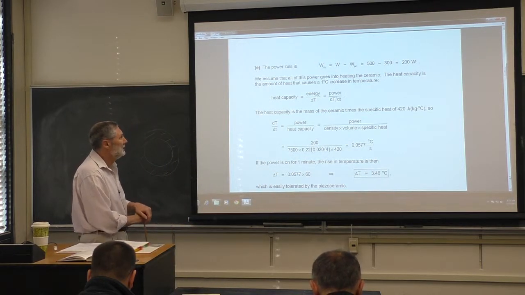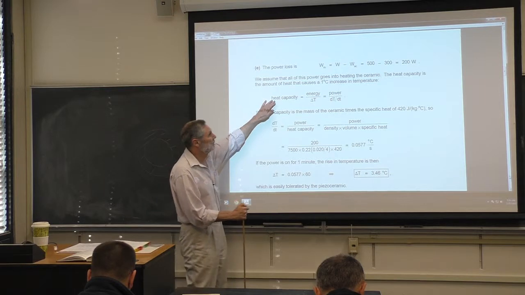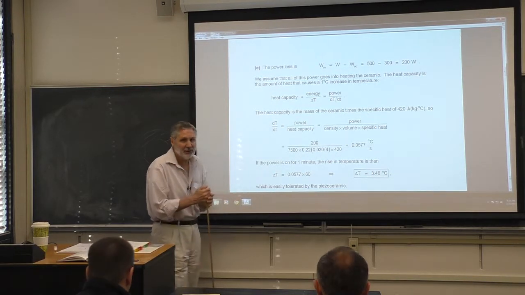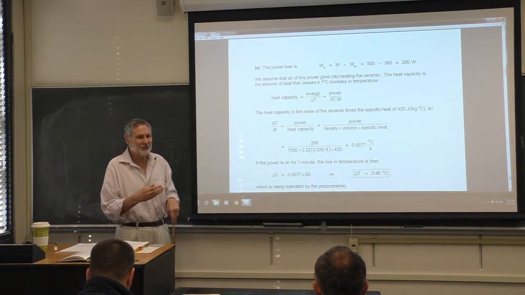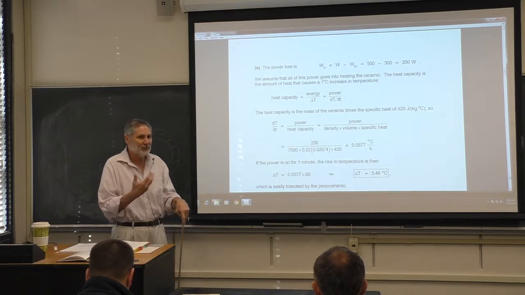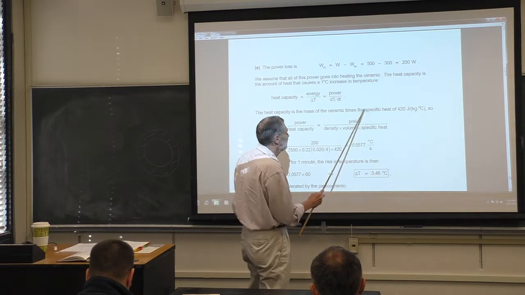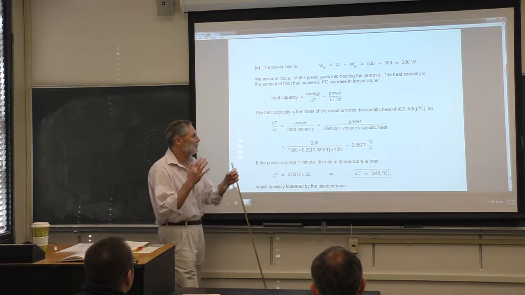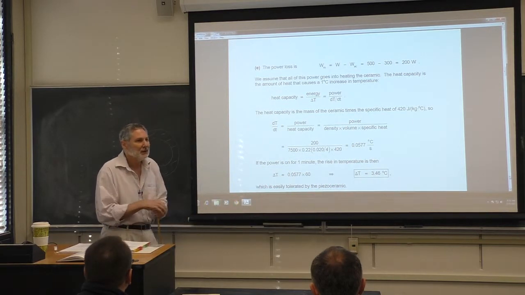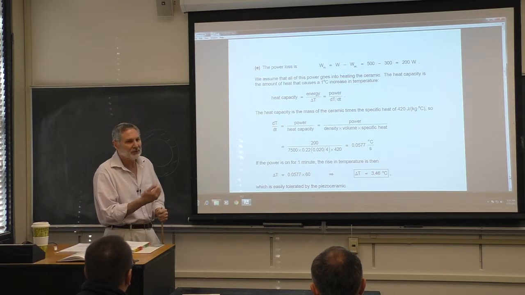So what's the heat capacity of the ceramic? It's the specific heat, the heat capacity per unit mass, times the total mass. Usually when you look things up, you don't want to do geometry. You'll take care of the geometry later.